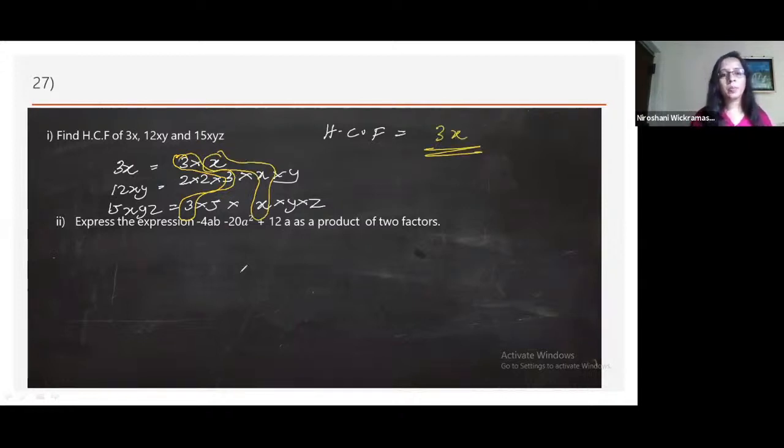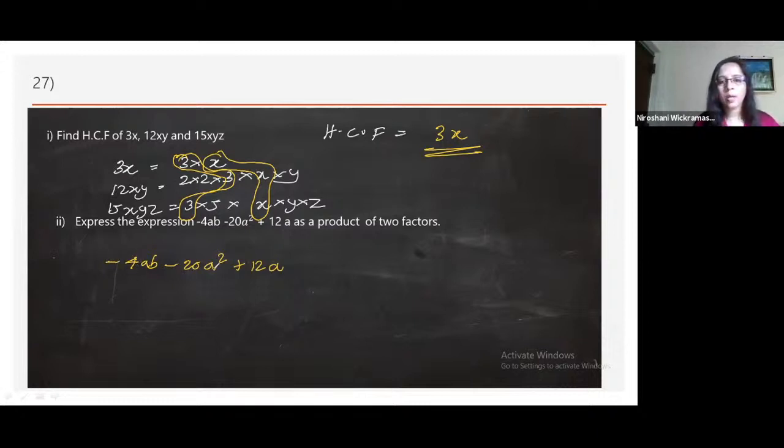Express the expression as a product of two factors: minus 4ab minus 20a squared plus 12a as a product of factors. So what are the common factors here?